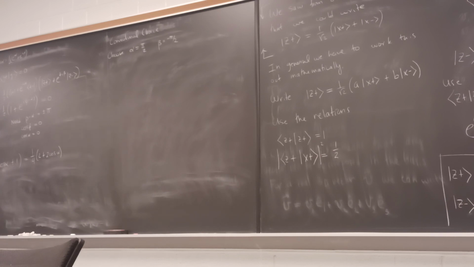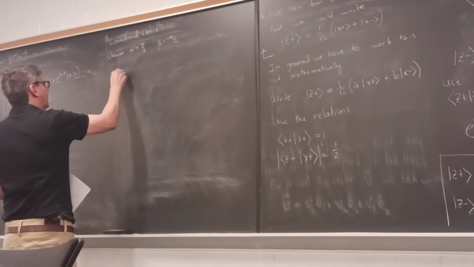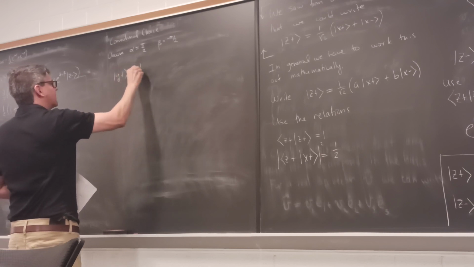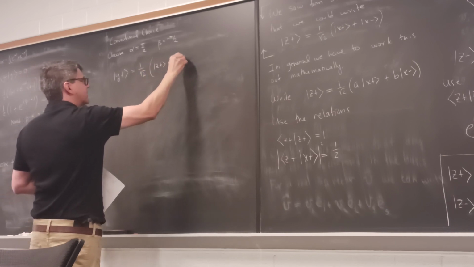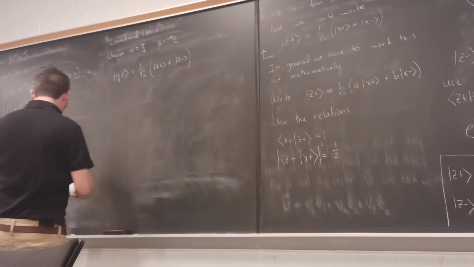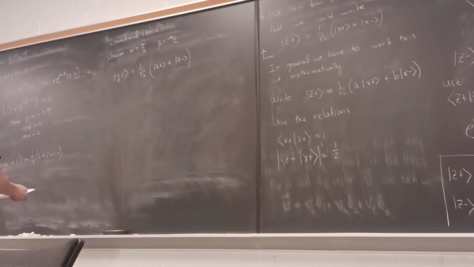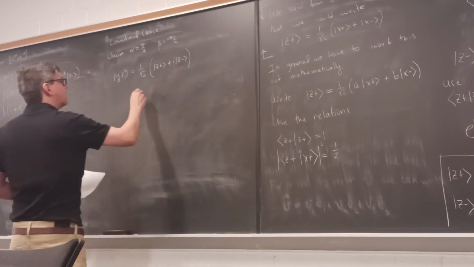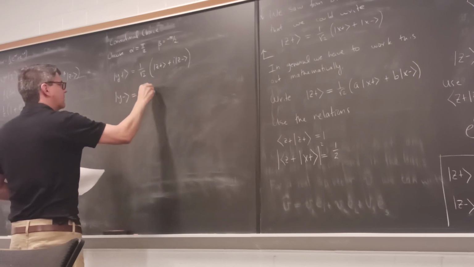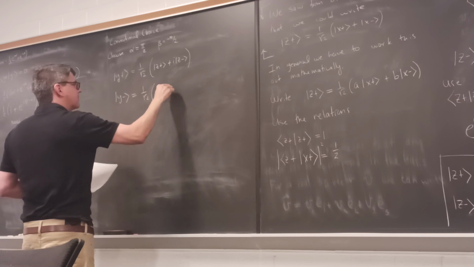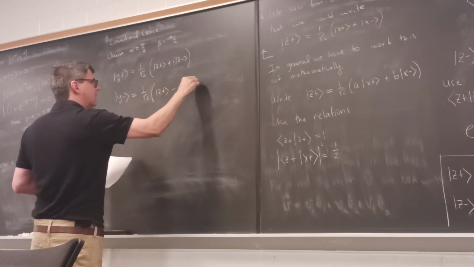Okay, so if alpha is pi over 2, that's just a 1, and if beta is pi over 2, then that's an I. So then we can write y plus is equal to z plus i z minus, and y minus is z plus minus I z minus.